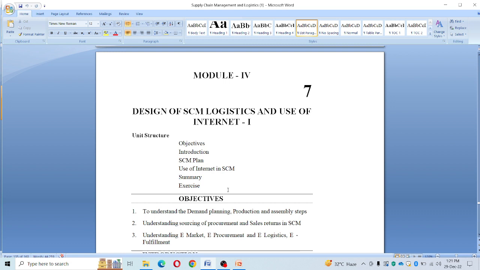The chapter is chapter 7, design on supply chain management, logistics and use of internet. So particularly the unit is divided into the contents of planning, use of internet.